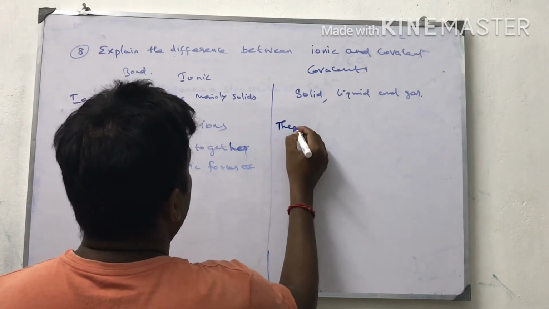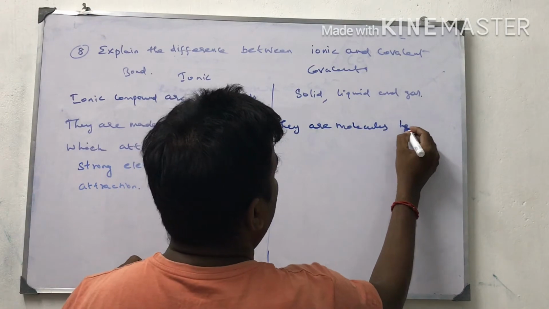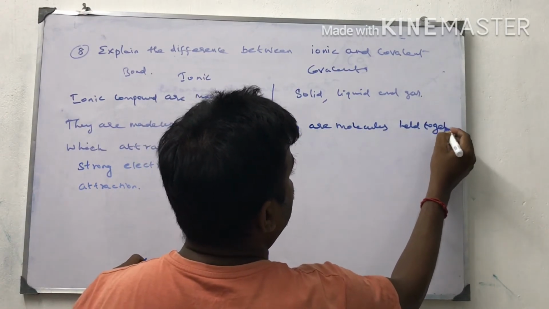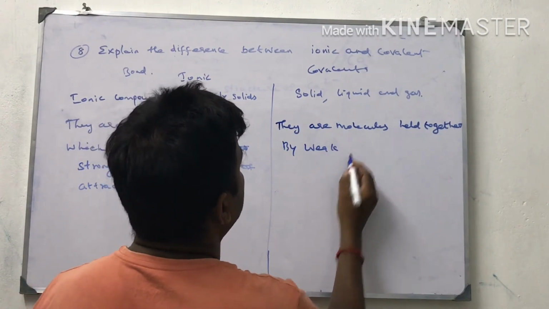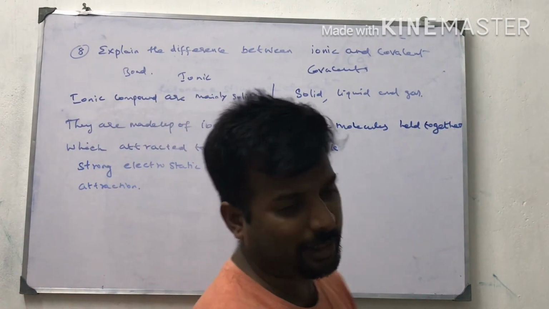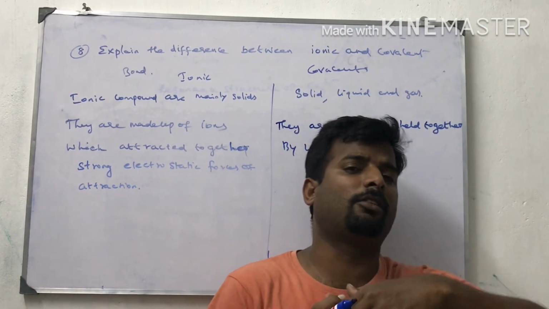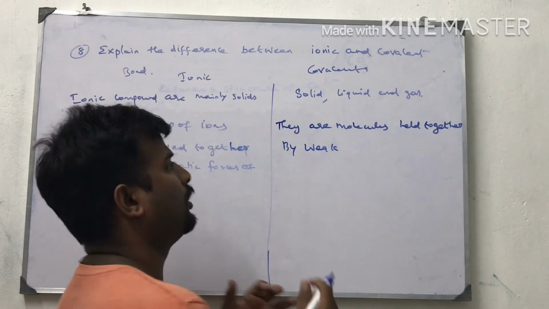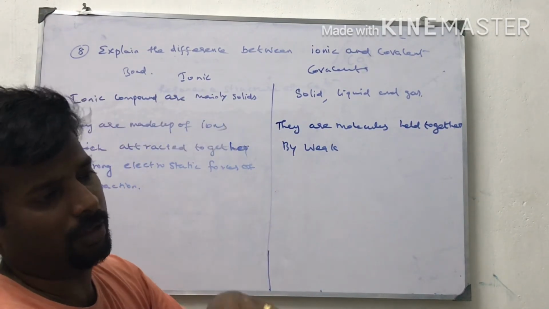Covalent compounds are molecules held together by weak van der Waals force. For example, in graphite, one layer is held together with another layer by weak van der Waals force. We learned in 10th standard. One layer is attracted towards the other layer by weak van der Waals force.